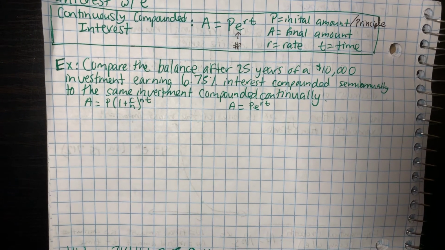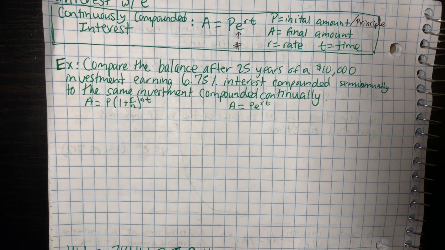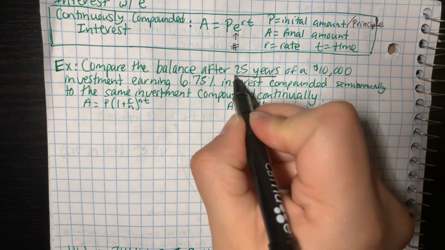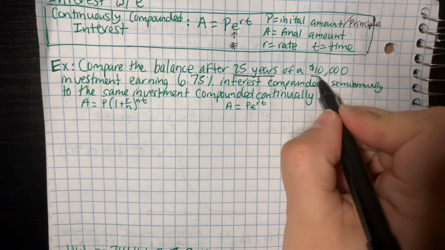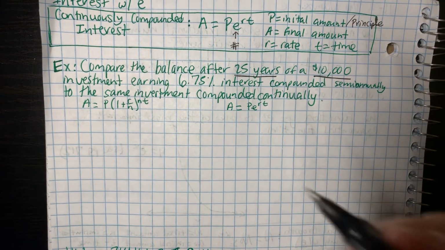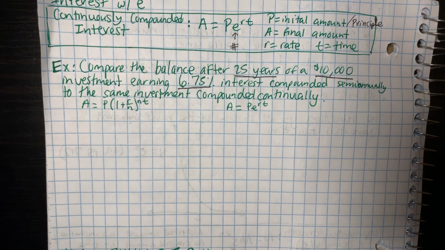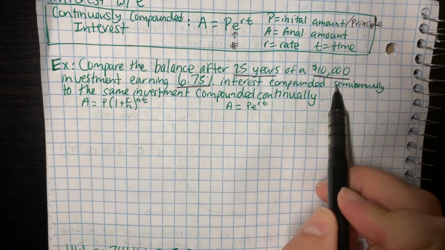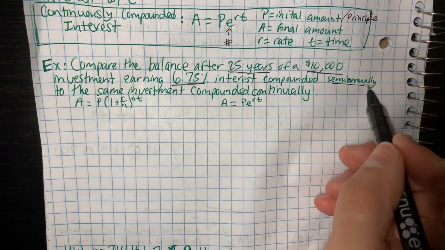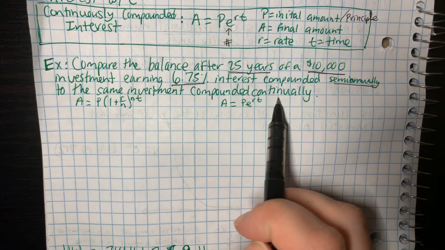It says, compare the balance after 25 years of a $10,000 investment earning 6.75% interest compounded semi-annually and continuously.